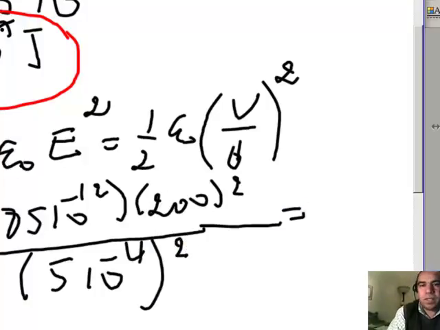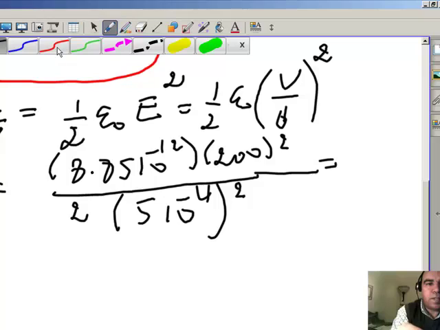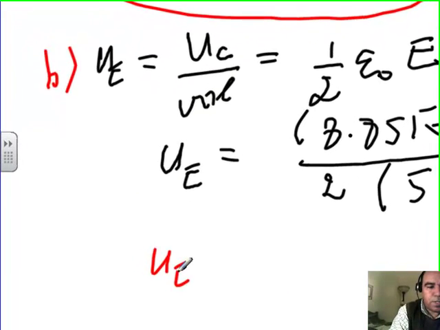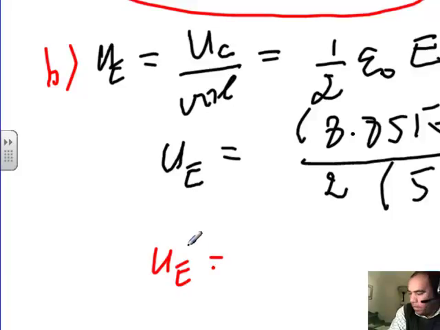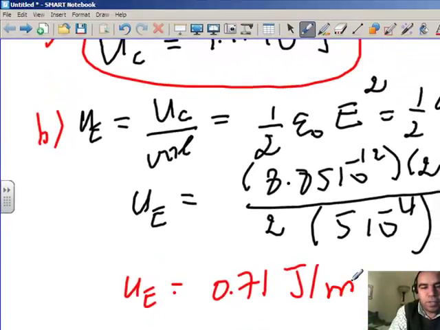Now you do the math. So the energy density, my calculation gives 71 joules. Since it is density per unit volume, I have to put here meter cubed. And so this is your answer.